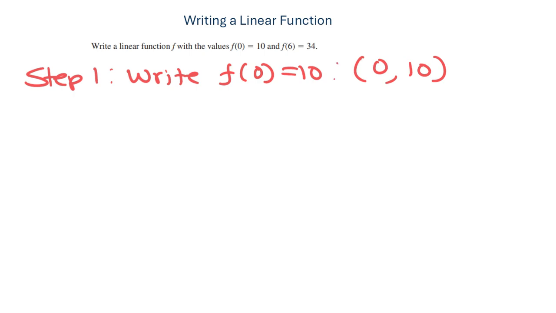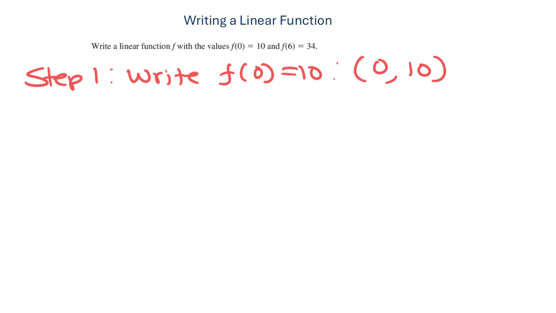What does that represent? What letter? Who forgot? You guys forgot already? What does this represent? Y, correct. So that means that y equals what? 10.